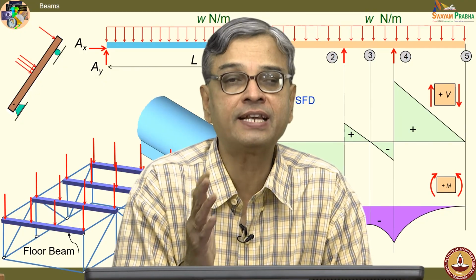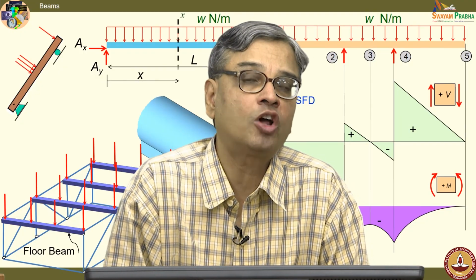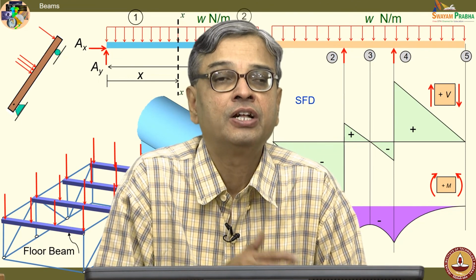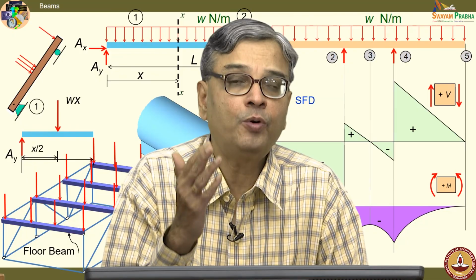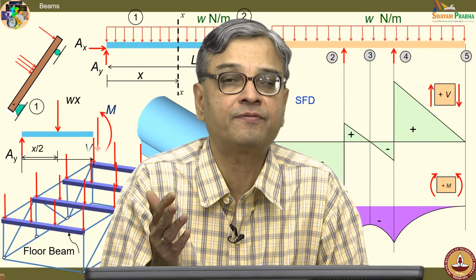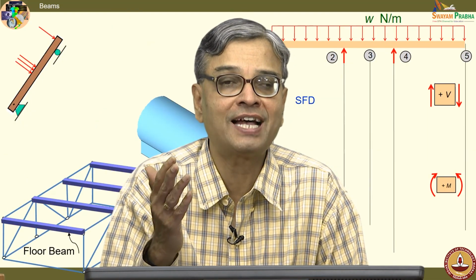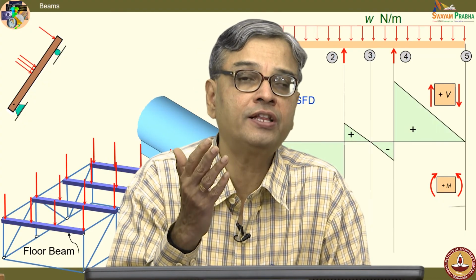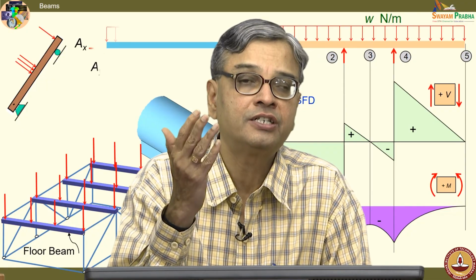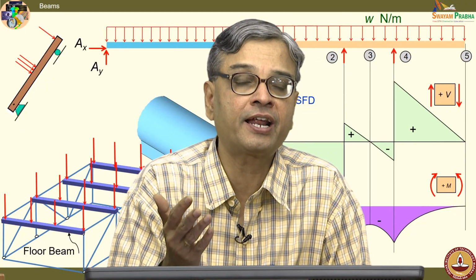There are multiple sign conventions available, and it is always good practice when you draw the shear force and bending moment diagram to put the sign convention side by side for the shear force diagram as well as the bending moment diagram. And it is also recommended that you draw the loading diagram, shear force diagram and bending moment diagram one below the other.